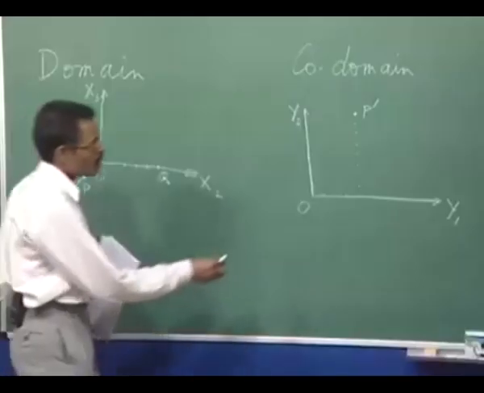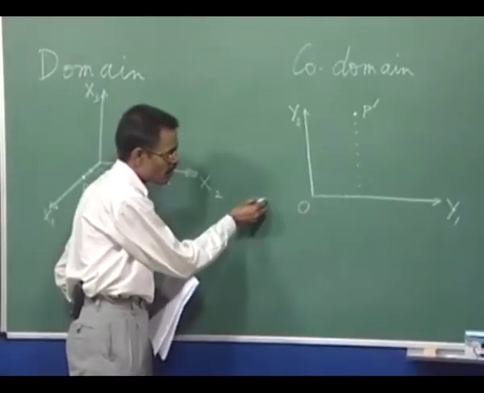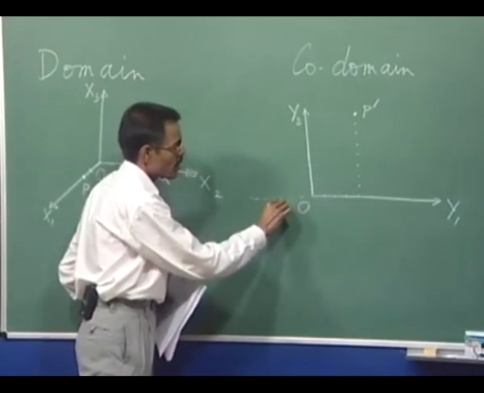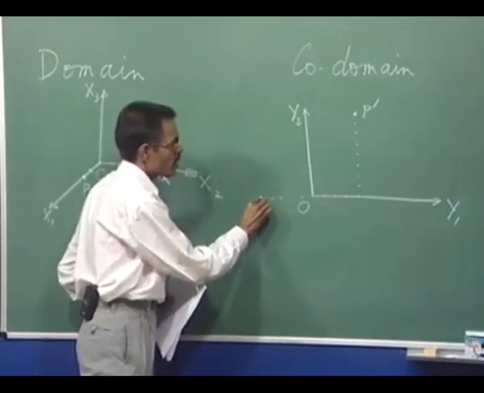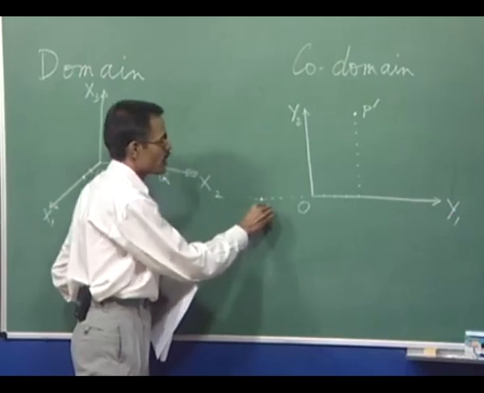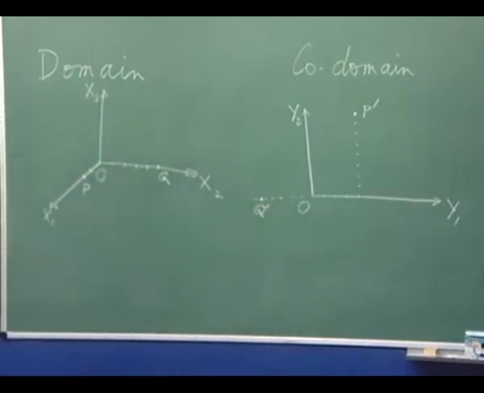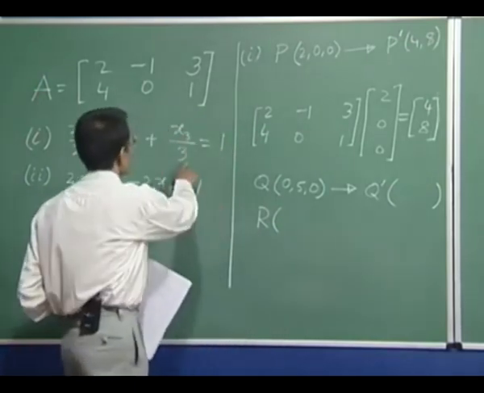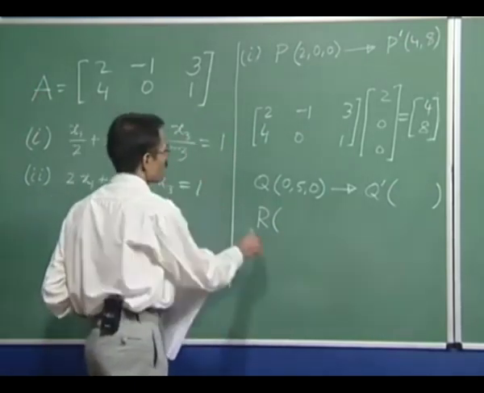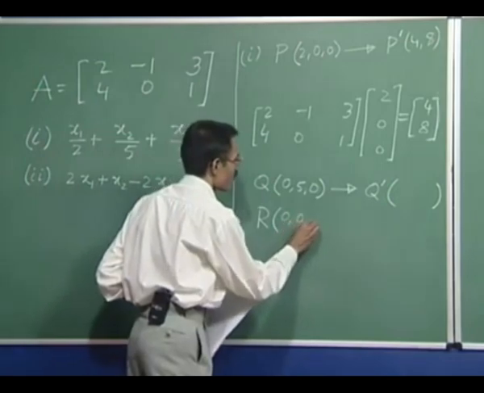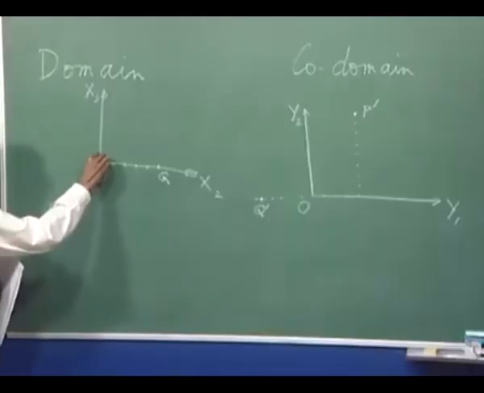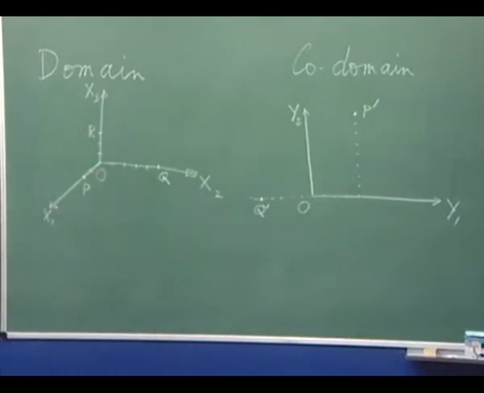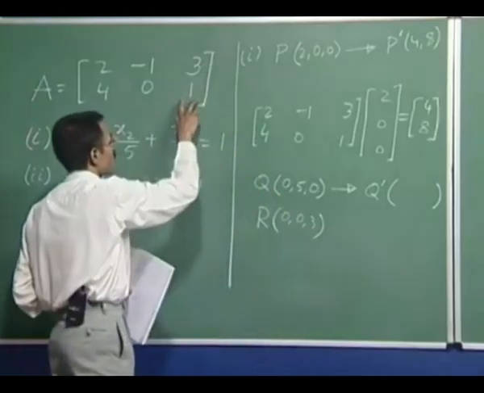So, here we try to plot minus 5, and 1, 2, 3, 4. This is point Q prime. Finally, point R. Here the x3 intercept is 0, 0, 3. So, that point is here, and it gets mapped to 9, 3 from here.